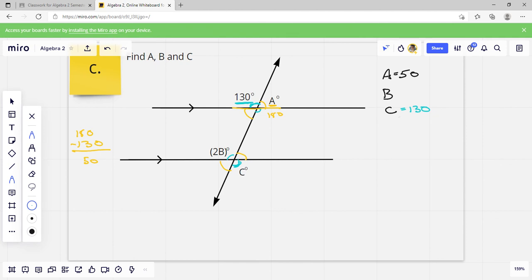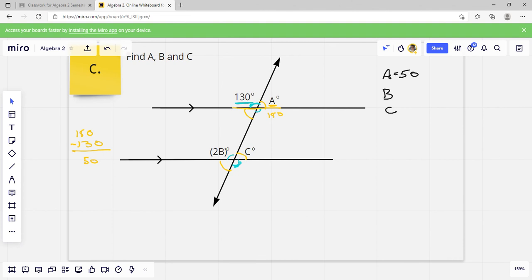Wait, I think I got something wrong here. Wait, hang on. Did I write that problem right? Oh, my C's in the wrong spot. Haha. Okay, let me fix that. My C is supposed to be up here. There we go.